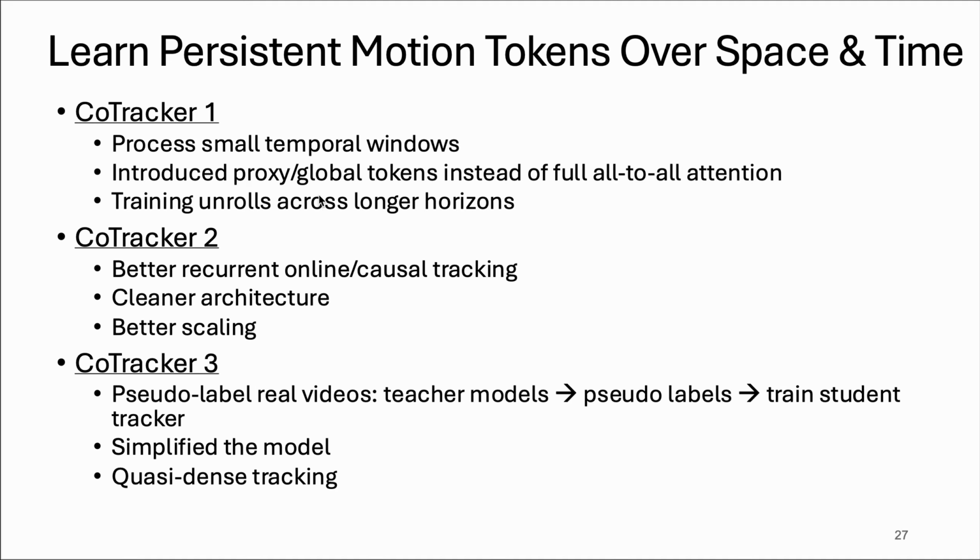It also introduced proxy global tokens instead of full attention to save computation cost. Then more improvements were made in CoTracker 2 and CoTracker 3. I guess the main idea is to learn persistent motion tokens over space and time.